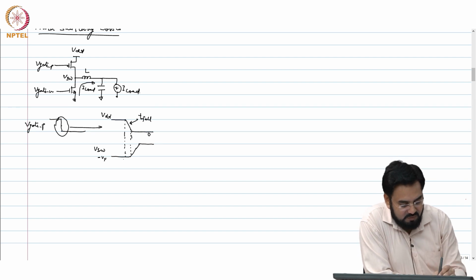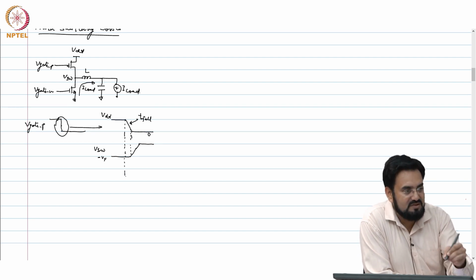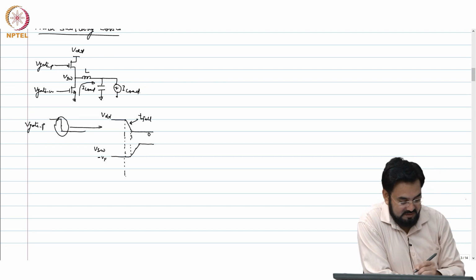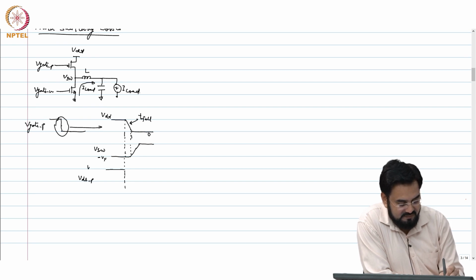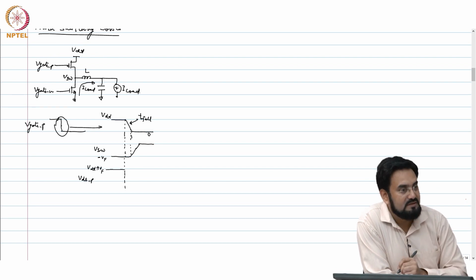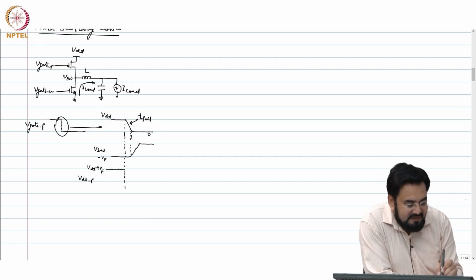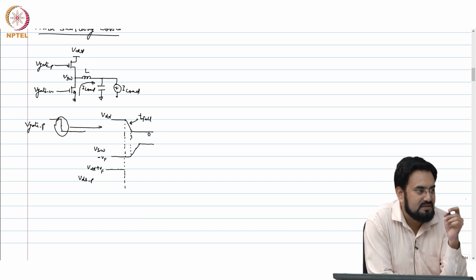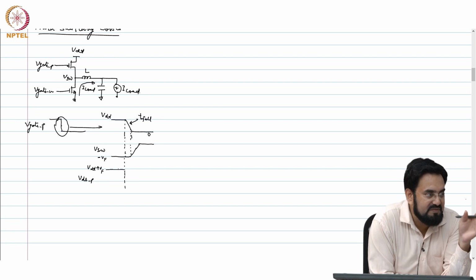So, what will happen to the VDS of this power MOSFET? What is the VDS here? VDS of P is VDD plus VF, correct. If you look at the textbook, they will not take this VF into account, but it will be VF.